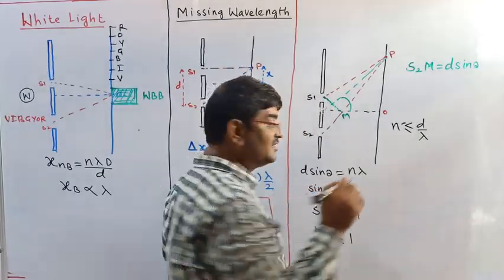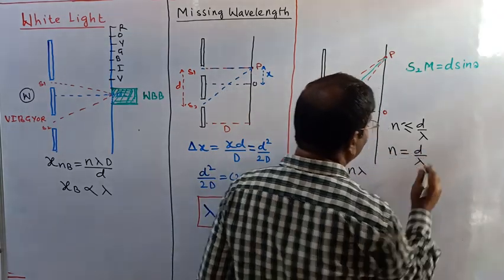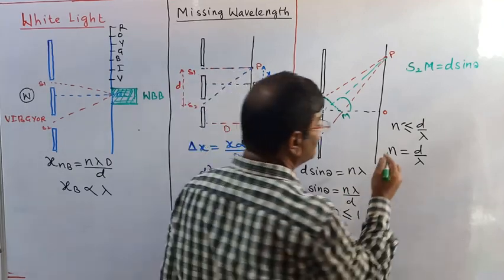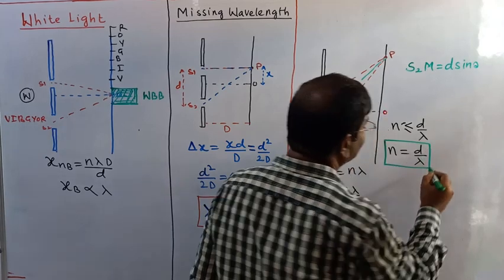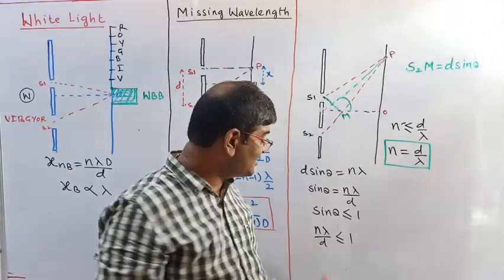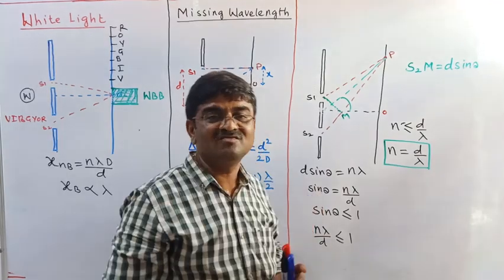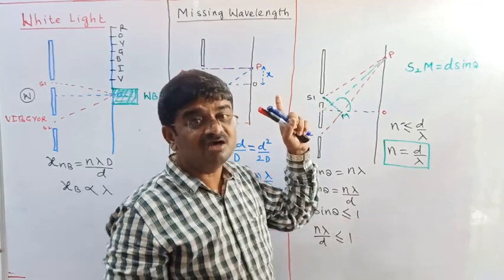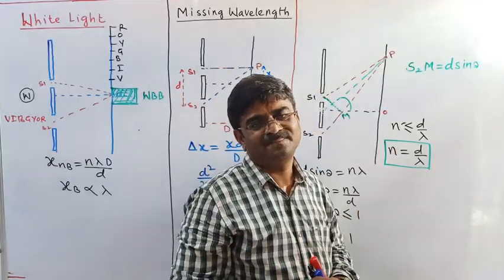Or if I want to say at P I have got the last bright band, I can say n equal to d divided by lambda. So on the screen, this n as the last bright band I get if I have sine theta equal to 1, if I have theta equal to 90. So if anybody asks me what is the last bright band on the screen, n equal to d by lambda, I would say.